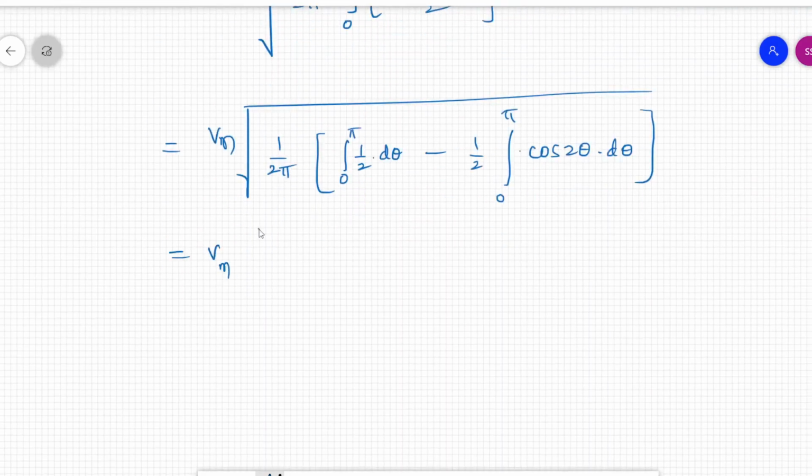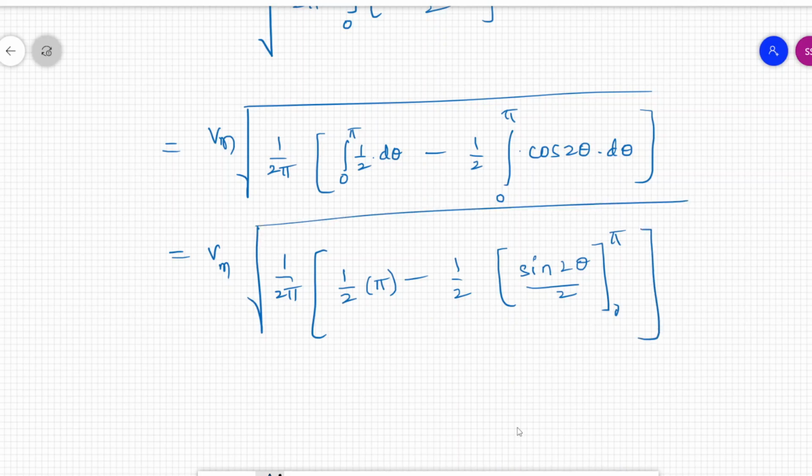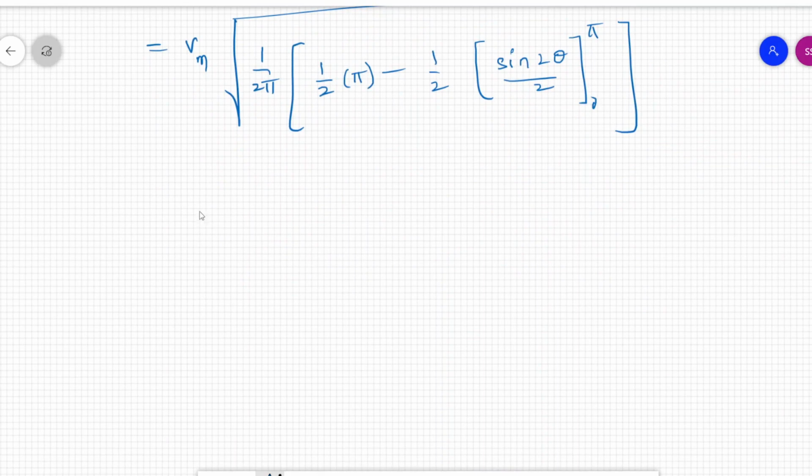That is Vm into 1 by 2 pi, so this will become 1 by 2 into pi minus 1 by 2 into sin 2 theta by 2 from limits 0 to pi. Now that will be Vm, if I take 2 as common, that will be 4 pi.